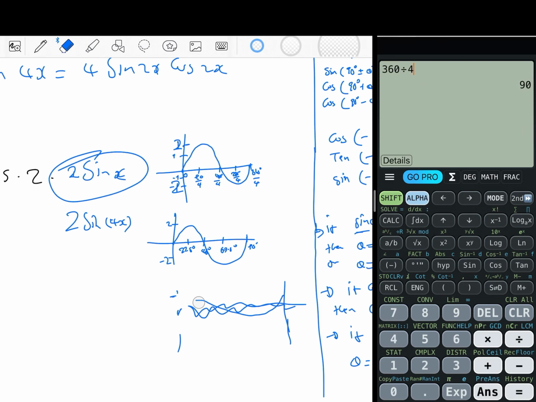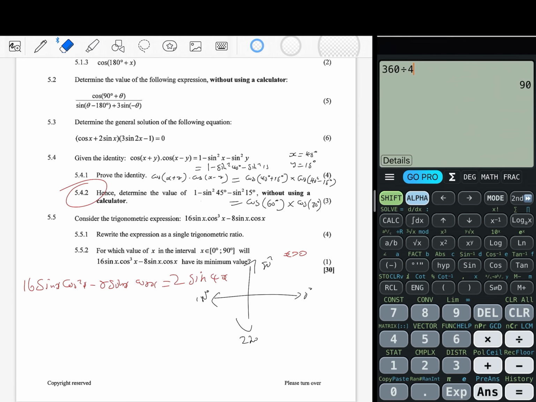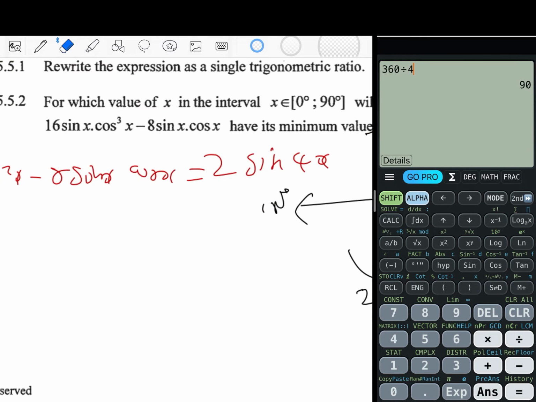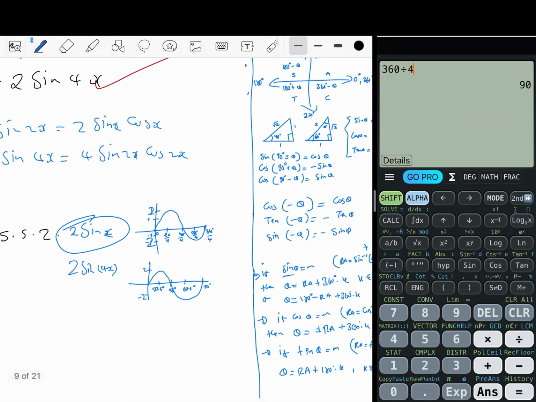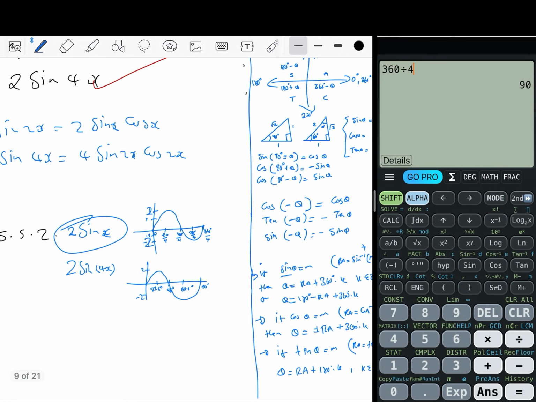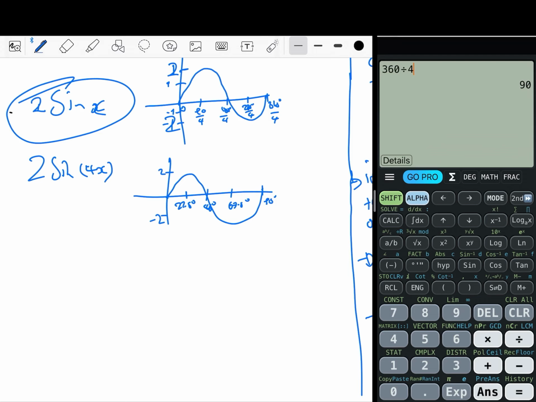Now, what is the question? If you go back to the question, they say determine the value of x, with x between 0 and 90 degrees, where this expression is at its minimum value. So what we have found is that 2 sine 4x is equal to that, and this is the minimum value.